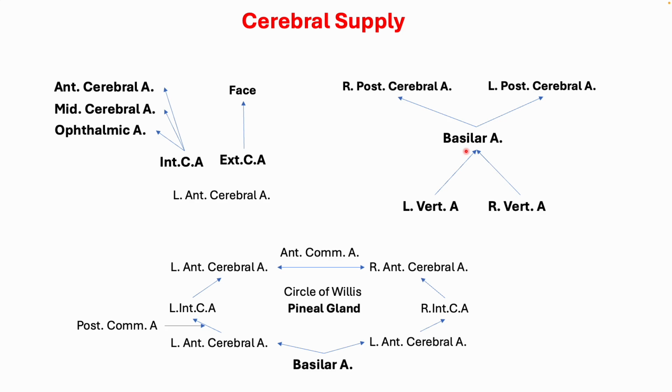It's called the cerebellar. Cerebral and cerebellar are totally different things. The cerebellar artery will supply your cerebellum. You don't have to know these, but just know that the basilar gives rise to your cerebral arteries, supplying your cerebrum. So these are the two major arteries that supply your front and your back.